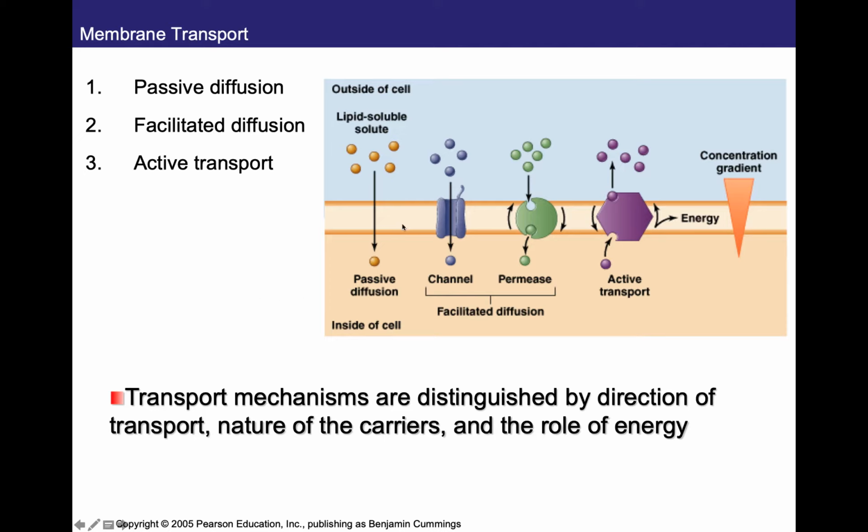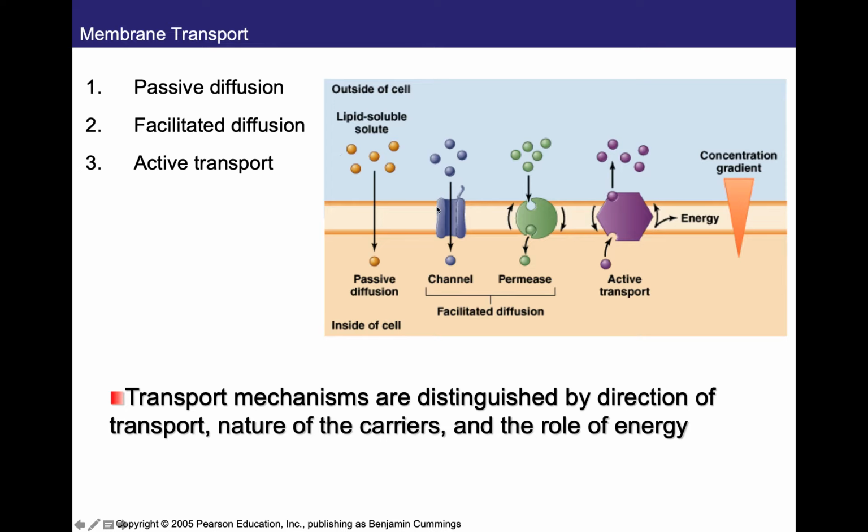With passive transport, you can see there's no protein required. No transporter, no channel, right? It can easily cross the plasma membrane without any issues. We'll talk about the flux in just a second and some of the parameters that play a role in the rate of diffusion with passive transport.